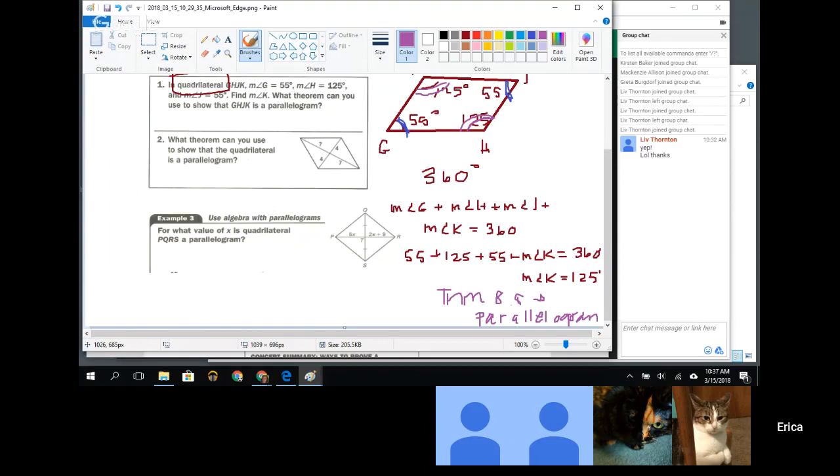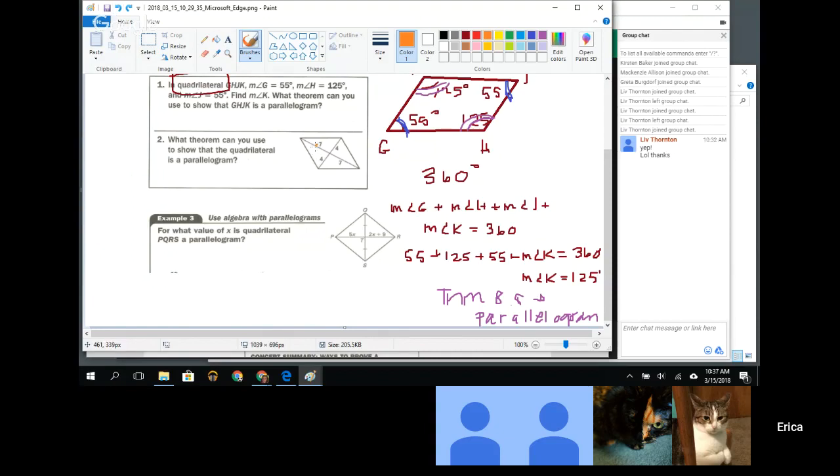Okay, two more. This one says, what theorem can you use to show that this quadrilateral is a parallelogram? You have this shape, and then you have two lines that are the diagonals, right? And what you notice about the two diagonals is that they do bisect each other.